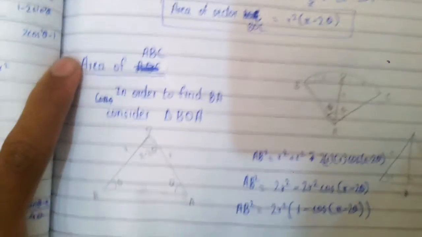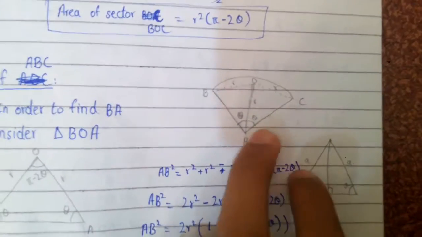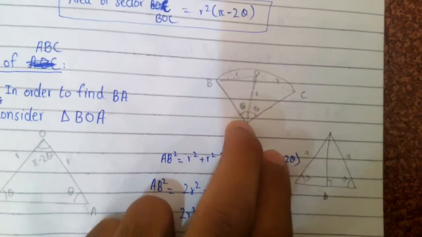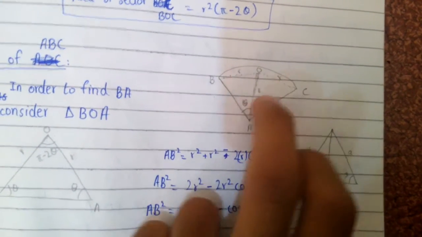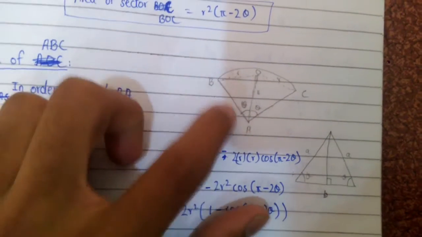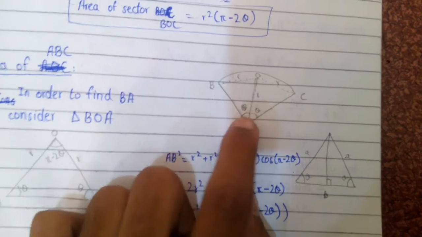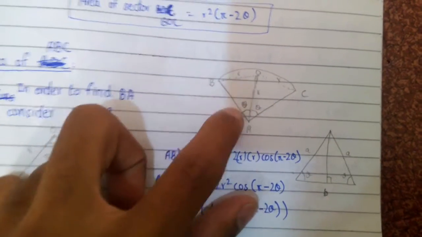Here is the area of ABC, which I have drawn in a rough diagram. In order to find its area, we need to know the angle and the side, but we do not know AB. We do know the angle, which is theta, and over here is also theta, so it's actually 2 theta, but we do not know AB.